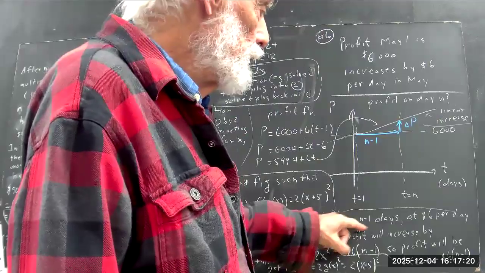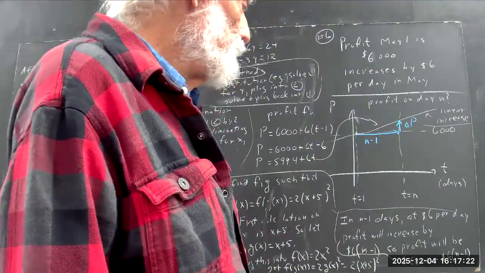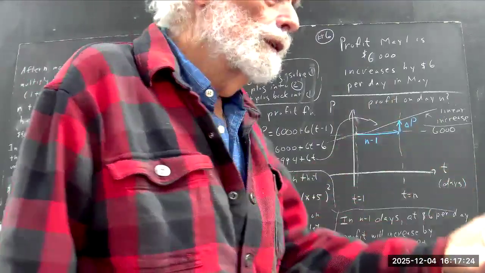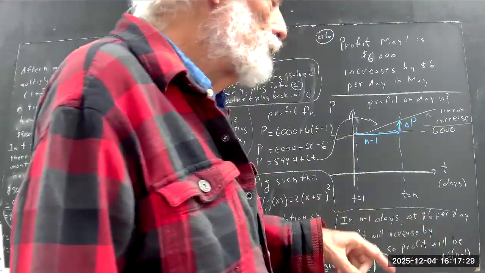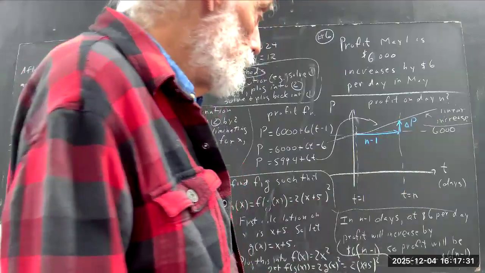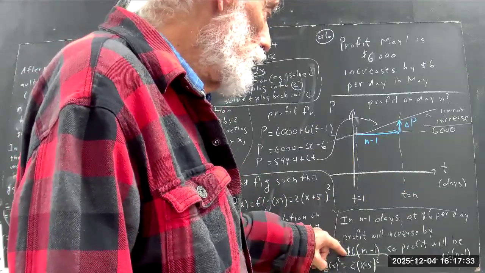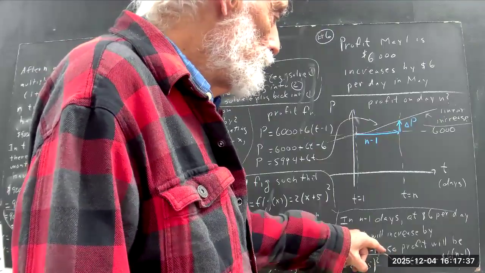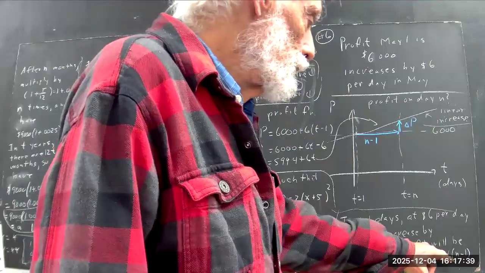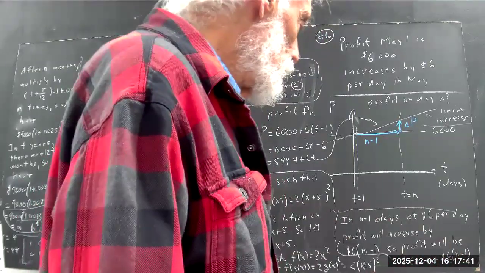In n minus 1 days at $6 per day, how much is the profit going to increase? It's going to increase by 6 times n minus 1, whatever n happens to be. So the profit will increase by $6 times n minus 1.